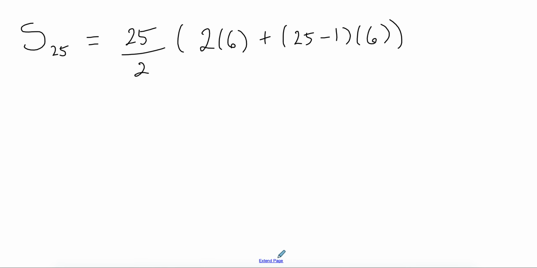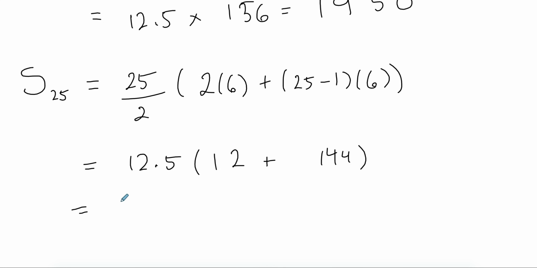And then we're going to simplify this. You could do it all at once or step by step. I prefer to do it step by step when I'm explaining. So you get 12 plus 144, and so you should get the same answer. So 12 plus 144 is going to be 156.